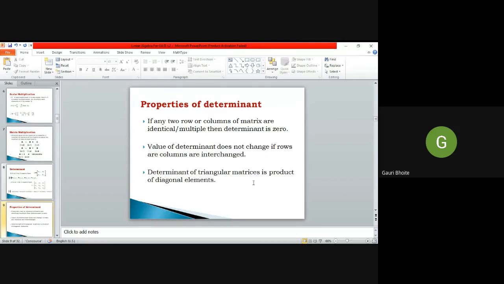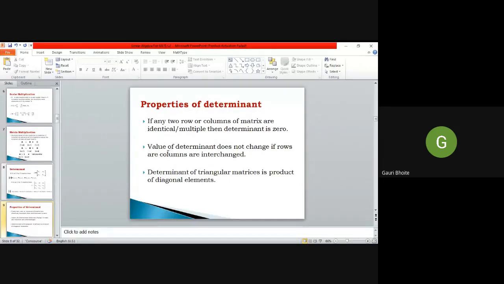Okay, so what are the properties? If any two rows or two columns are identical or multiples of each other, then the determinant is equal to 0. Yes, this is a very important property. Then second, if we interchange its rows and columns, the value of the determinant does not alter.